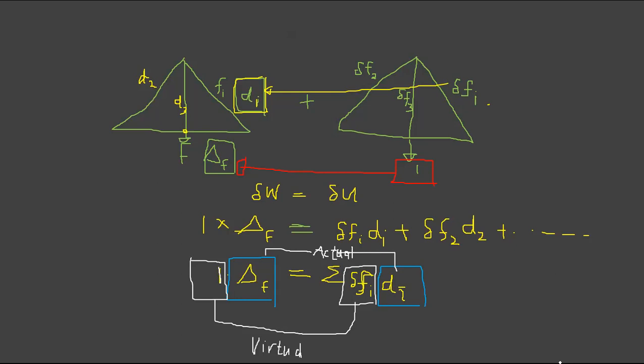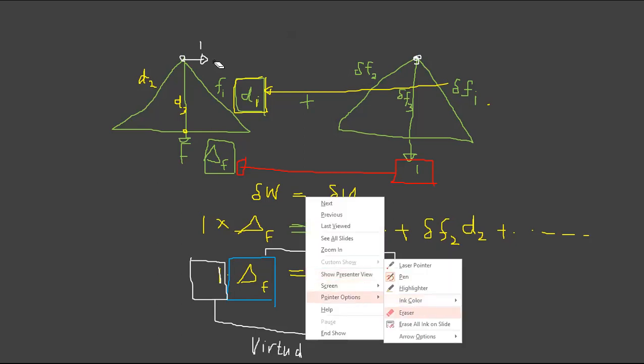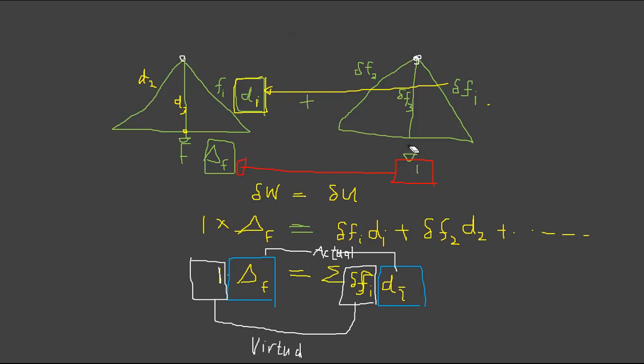If you need to know the deformation at, let's say, this point, in the same truss, right? You need to know the displacement of this point. So what you need to do is apply a unit force along the direction where you need to estimate the deformation, right? So in this case, you have to apply unit force in this particular manner, okay? So that unit force I will separately write in this way.